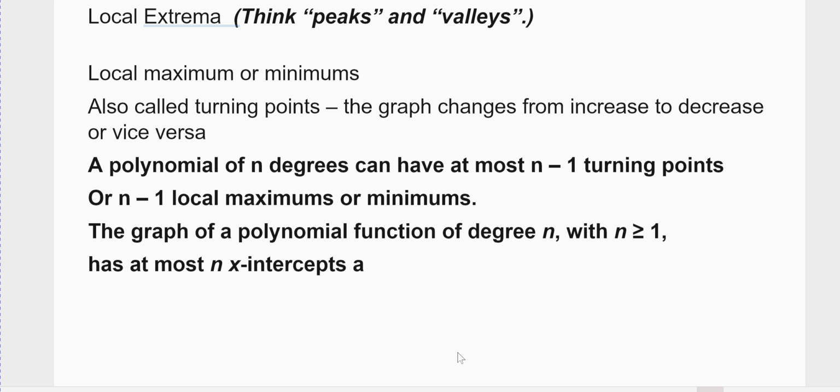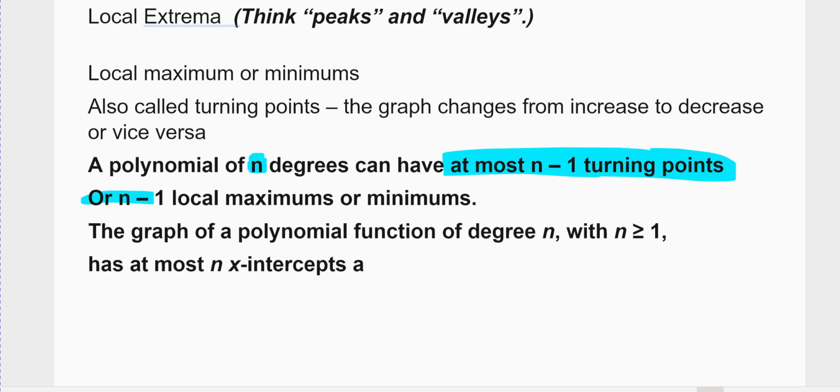And so a polynomial of n degrees can have at most, so this one's not quite as exact as the end behavior. I know exactly the end behavior using the leading term. This one, all I can do is make a prediction. I can have at most n minus 1 turning points, where n is my degree.